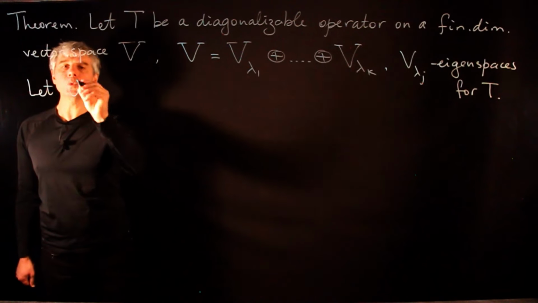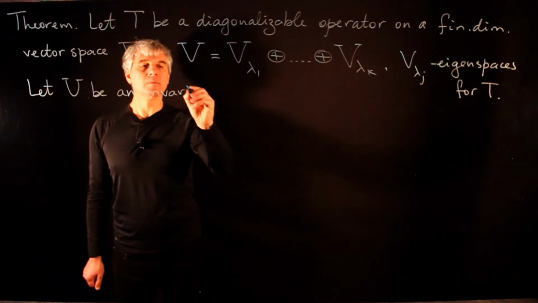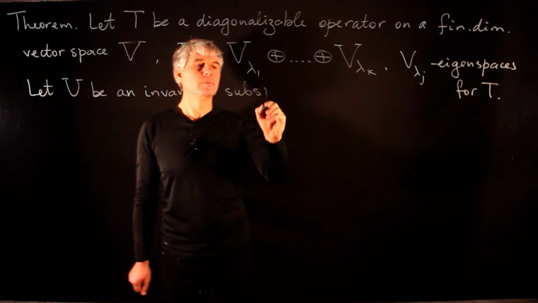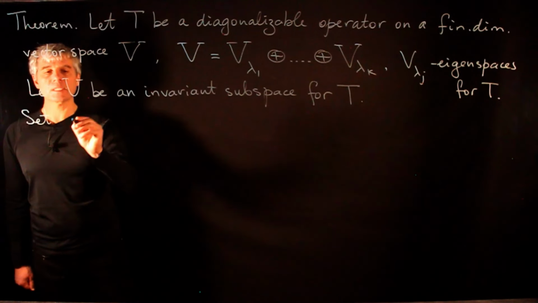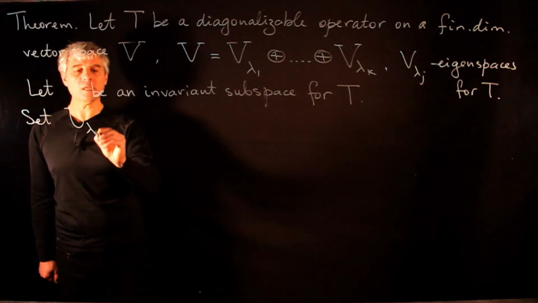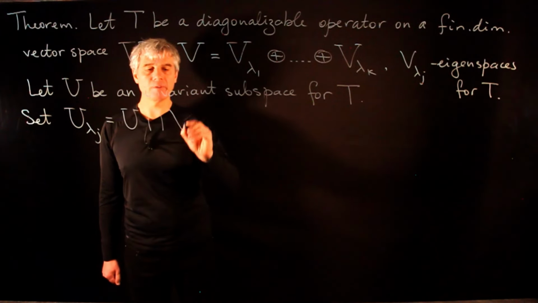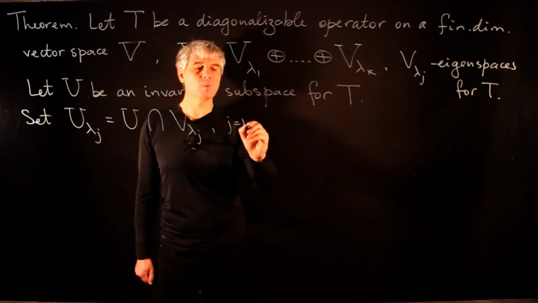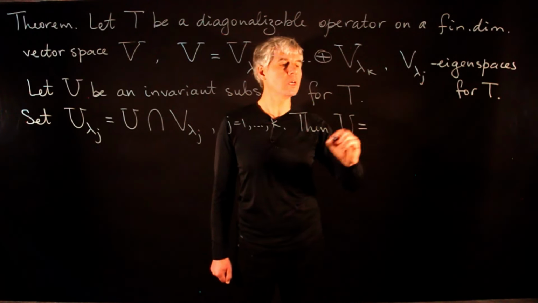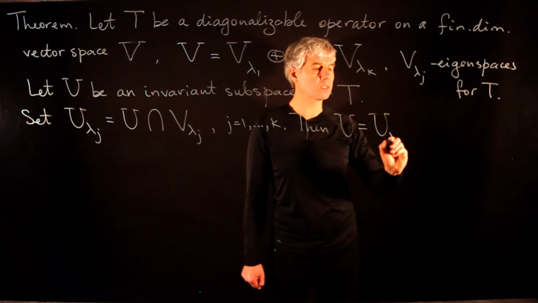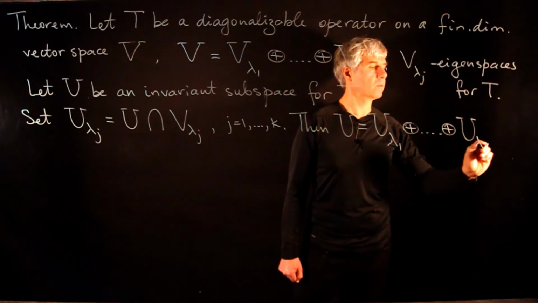Let U be an invariant subspace for operator T. Set the subspace U lambda j to be the intersection of U with the eigenspaces for T, V lambda j, with j here from 1 to k. Then the claim is that the space U is a direct sum of the subspaces U lambda 1 plus ... plus U lambda k.